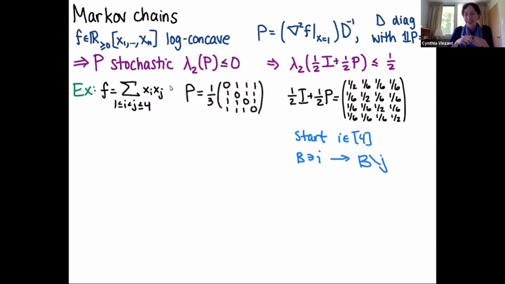If I start with 1, for example, then I have 3 choices of an element to add, and I add each of them, say, with probability 1/3. And then of those 2 elements, I remove 1 at random. And what I'm going to get is a half chance of getting back to the element I started with, and then a 6th chance of changing.